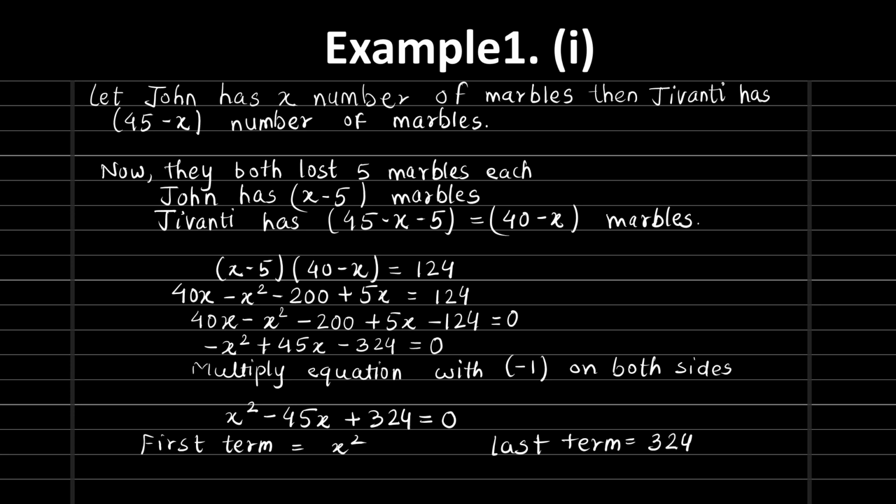Now multiply both of them. We get X square into 324, which equals 324X square. Now, the middle term in the equation is minus 45X.